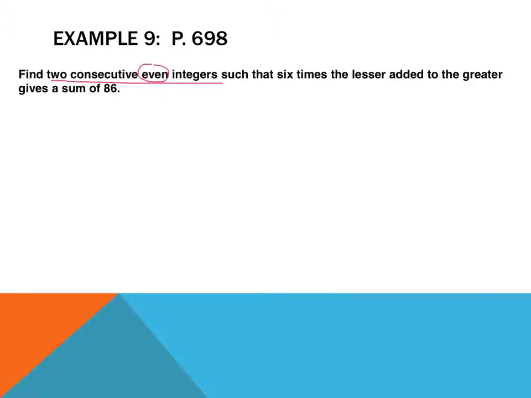So when they're even integers, remember you're going to have x and x plus 2, because you don't want the very next one, you want every other one, such that 6 times the lesser, so that's going to be 6 times x added to the greater, so the greater is x plus 2, gives a sum of 86.